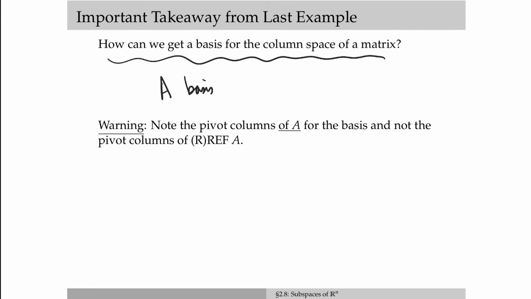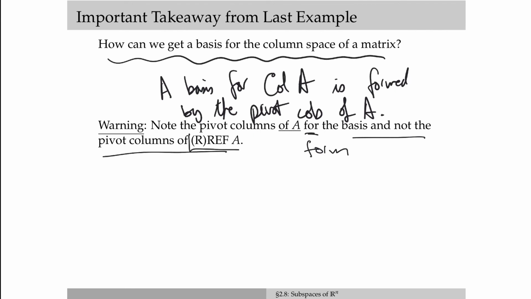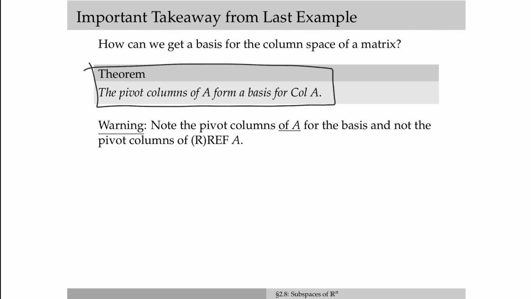A basis for the column space of A is formed by the pivot columns of A. So note the pivot columns of A form the basis, and not the pivot columns of any reduced form of A. All right, and that's the theorem here. The pivot columns of A form a basis for the column space of A. And that's the end of this section.